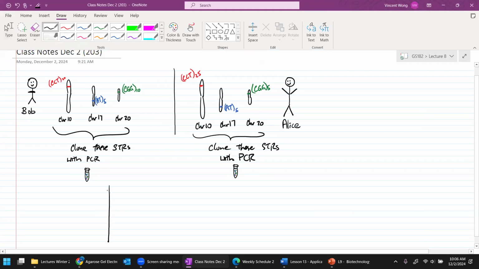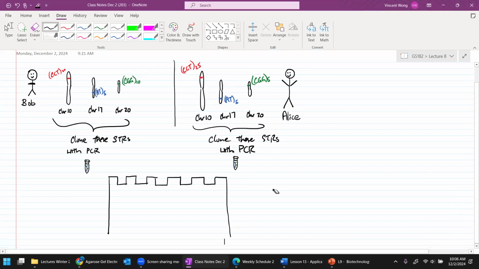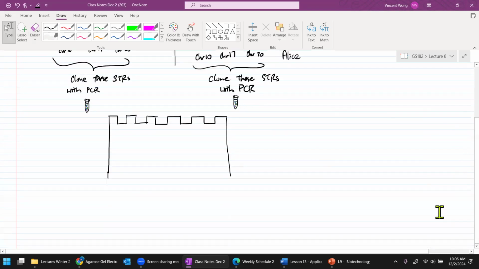Okay, and then I'm going to have a gel here. To draw the gel, it's like drawing a castle top. Now that's a slot for loading the sample.